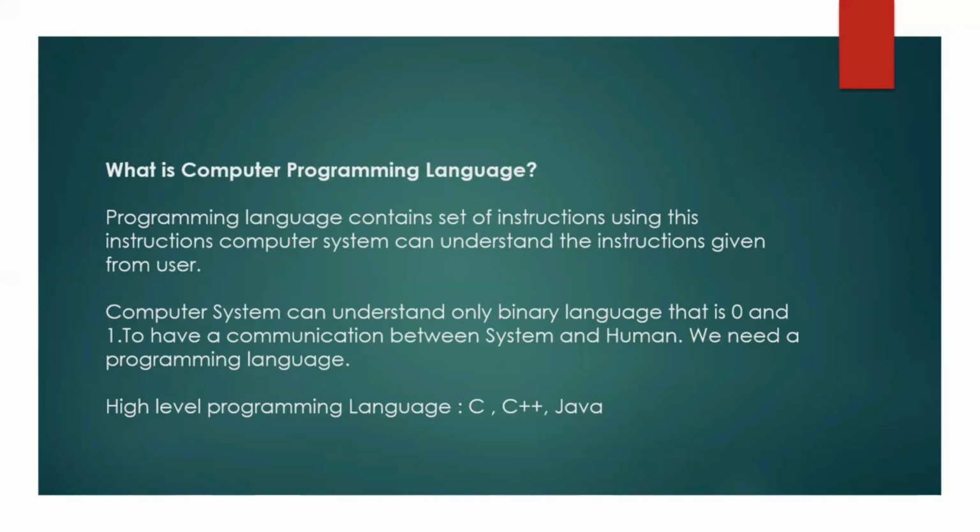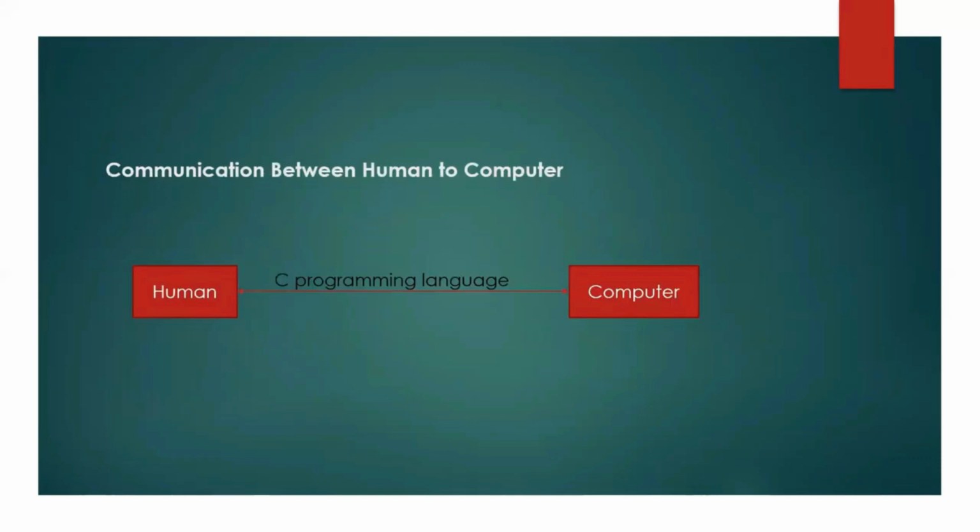To have communication between system and human, we need a programming language. C, C++, and Java are some examples of high-level programming languages. So the communication between human and computer happens in the form of the C programming language.